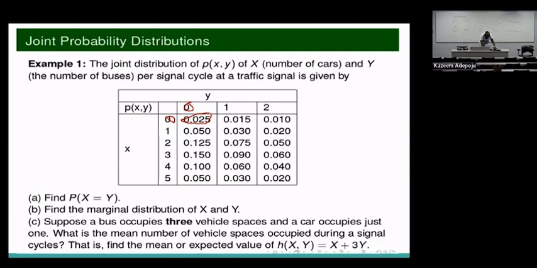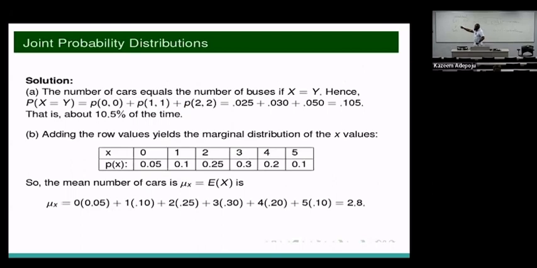So take a look at number B. The way I figured number B out is that you construct a table. If you want to figure out a function of x or a function of y from a given contingency table, take a look at what I have now. How do I come up with 0.05?